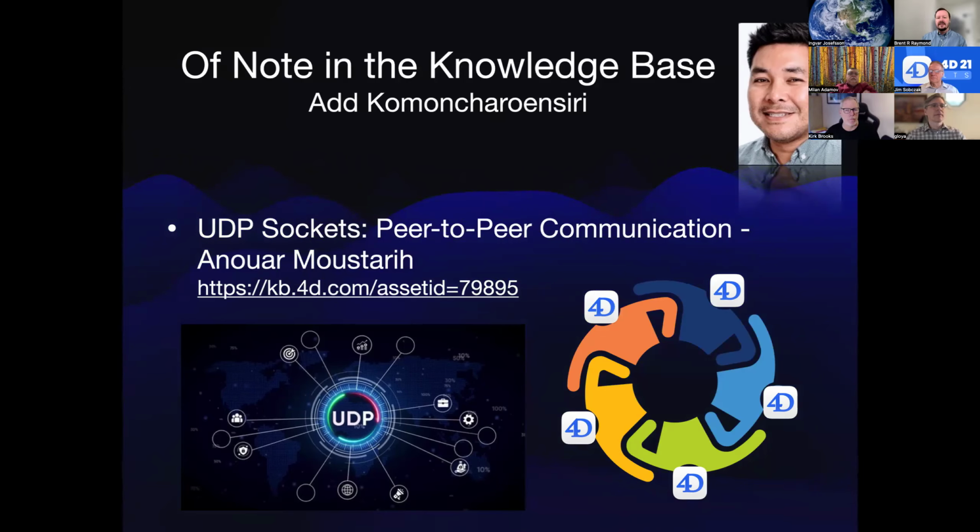It's a very interesting dive into using those new UDP socket classes, and boy, I think there's a lot of neat uses just for the code that was available in this article out of the box. Neat stuff.